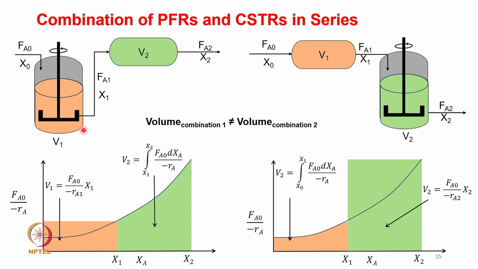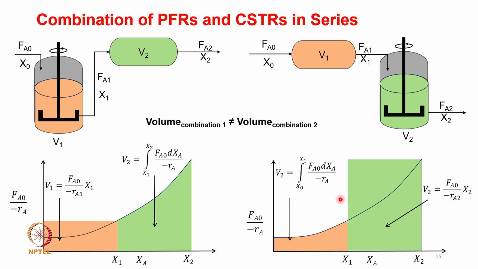In the first case, we start by plotting Fa naught by minus Ra versus xa. The volume would be this particular area; the remaining part would be the integral from x1 to x2 of Fa naught dxa by minus Ra. Just recall our previous step. This would be the area of the rectangle, while this would be the area under the curve.